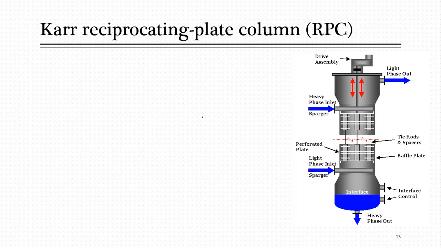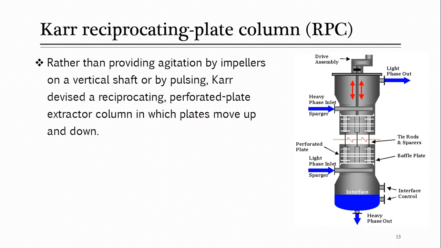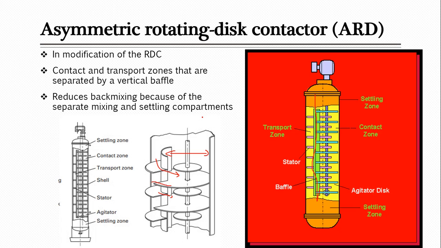I think this is the last type of column. Okay, before jumping to the next one, I will summarize up to here. Initially we said that we can have a pulse system in which you introduce the pulse. I showed you one diagram for a plate tower. Pulse can be introduced even in the spray tower, so with the pulse of air you are creating the agitation.